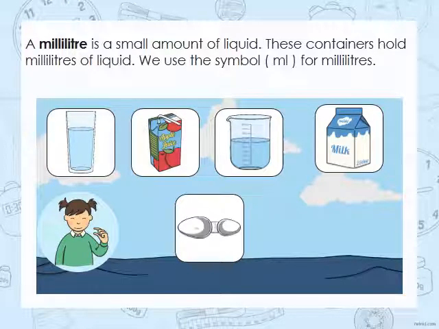It means that milliliter is smaller than liter. These containers hold milliliters of liquid. We use the symbol ml. We use letters M and L as a symbol for milliliters. L for liter, ml for milliliter.